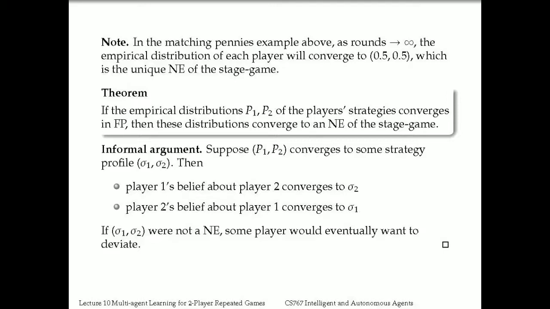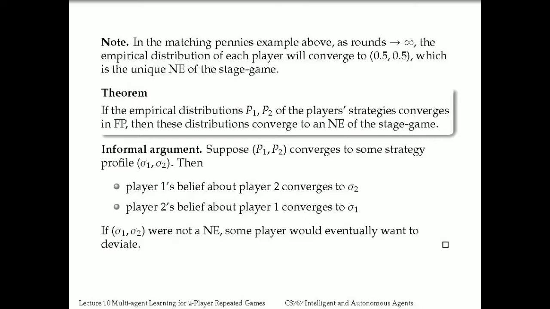So this is a really good thing that connects our theoretical analysis of the game, namely those solution concepts that we designed, with the actual dynamics of the play of the game. Right. So why would this theorem be true? Well, I'm not going to prove it formally, but it's actually quite intuitive. Suppose P1, P2 converges to some strategy profile sigma 1, sigma 2.